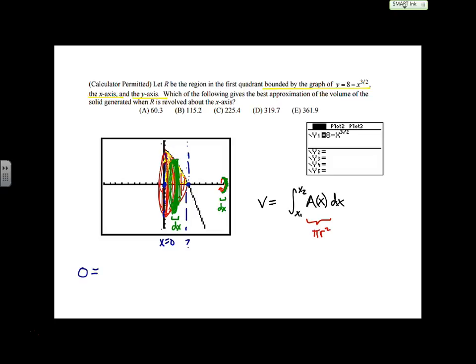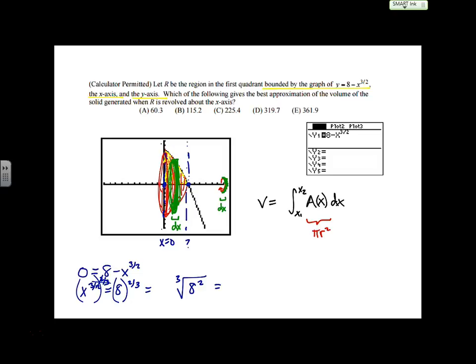Can't we set 0 equal to the function, which would be 8 minus x to the 3/2? Add x to the 3/2. Raise both sides to the 2/3 to get rid of our powers. Some of you might not remember how 2/3 works. Remember the third is a cube root and the 2 is a square.